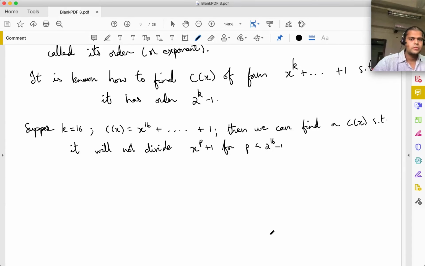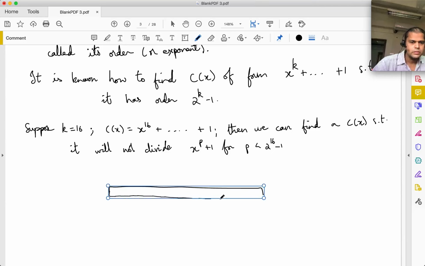So in practice, what would this look like? We would have data and CRC. The CRC is here and the data bits are here, and this would be 16 bits.